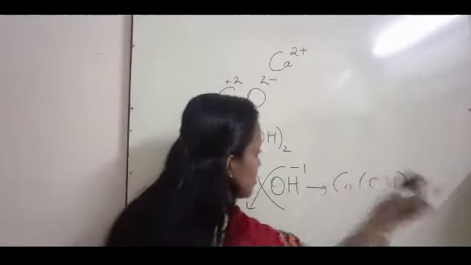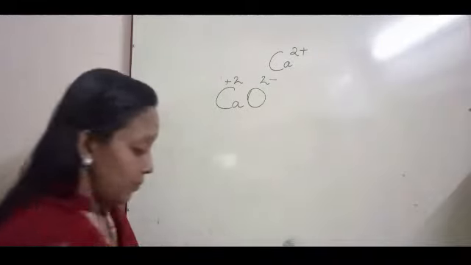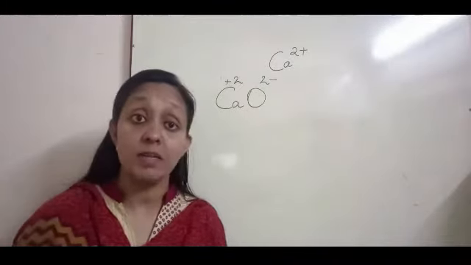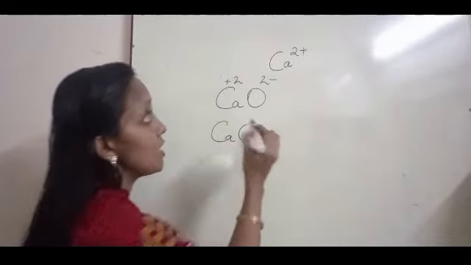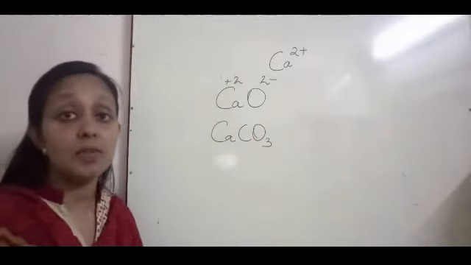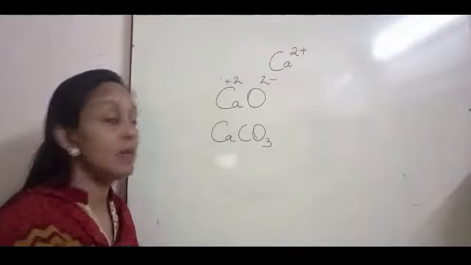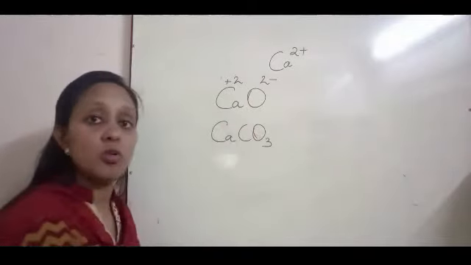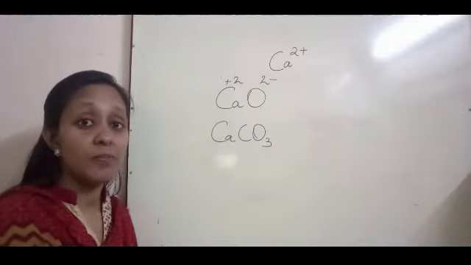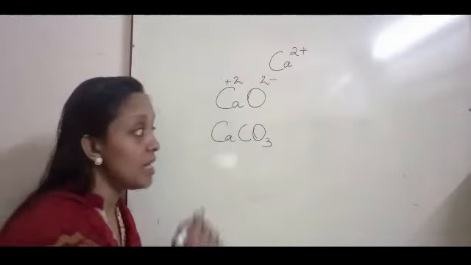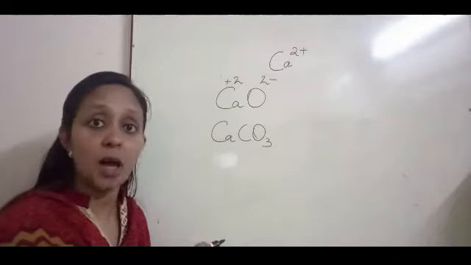Now moving on to the next question. It is calcium carbonate given here, CaCO3, calcium carbonate. In calcium carbonate, it's already said that calcium shows a valency of 2. And what about carbonate? Carbonate radical. We should know how to represent a carbonate radical.